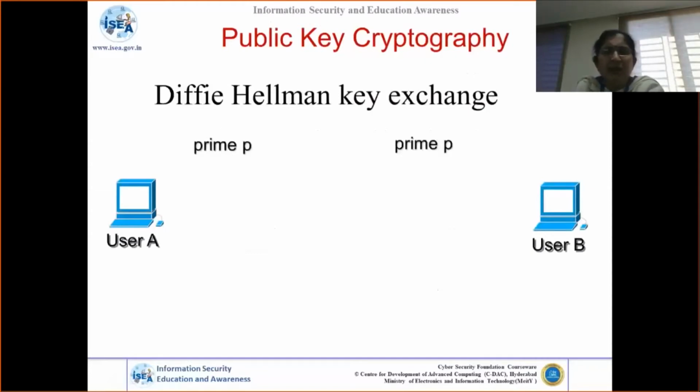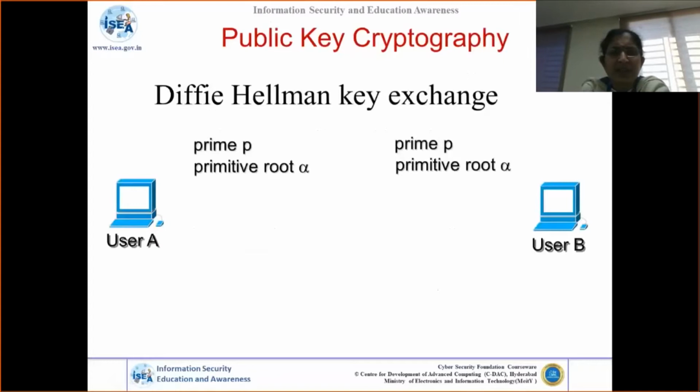So now initially, as I told you, the primitive root A or alpha and the prime P are the initial public information shared between the sender and receiver. Okay, both user A and user B want to establish a shared secret key using Diffie-Hellman key exchange, which can later be used for encryption.